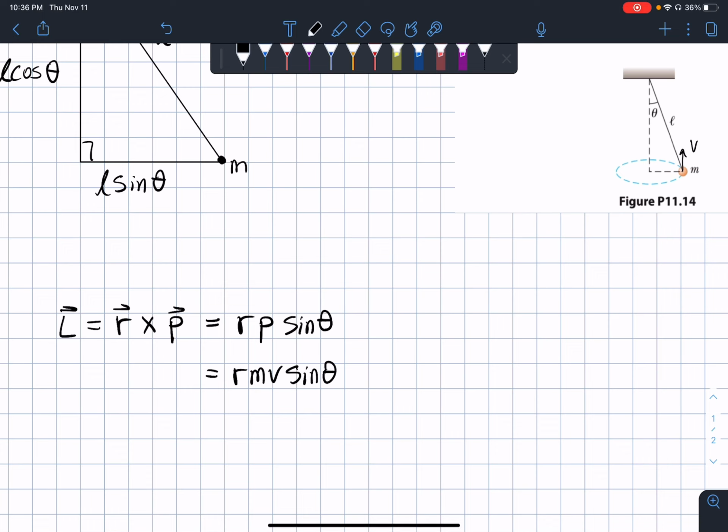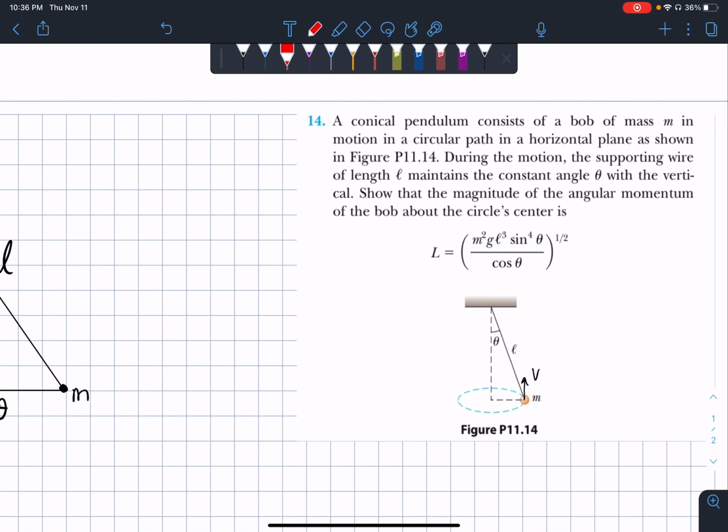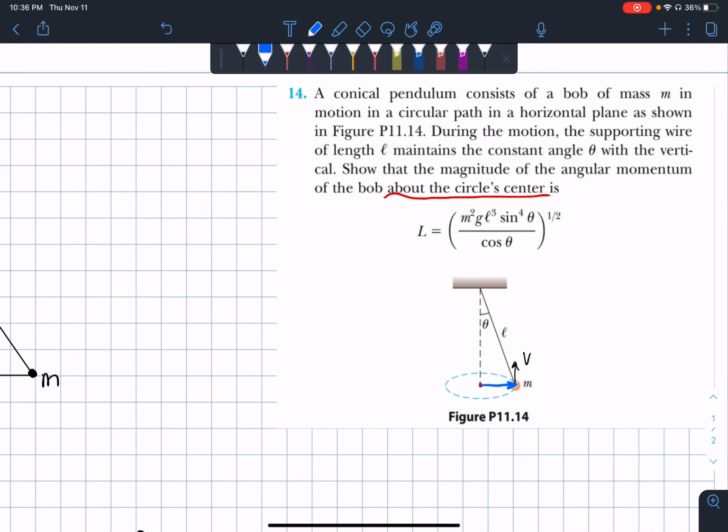I should note that this r right here is the position vector from the origin, and the problem says about the circle's center, which means that they want us to consider this point the origin. I'll draw it in blue: the position vector would be from the origin straight to the particle.